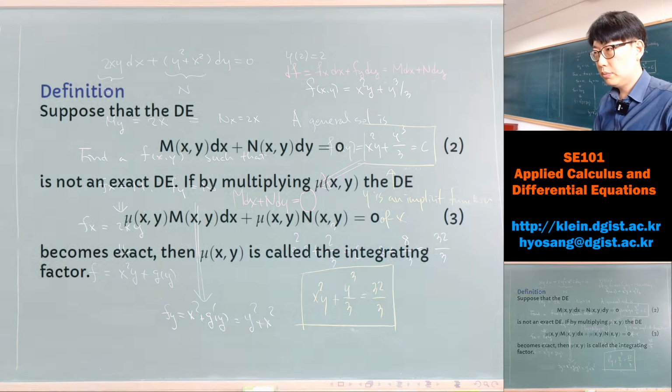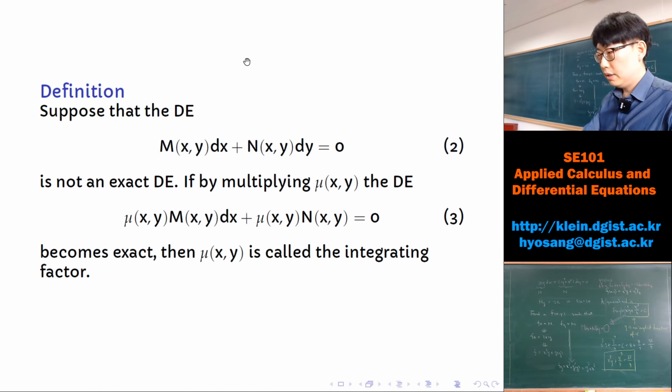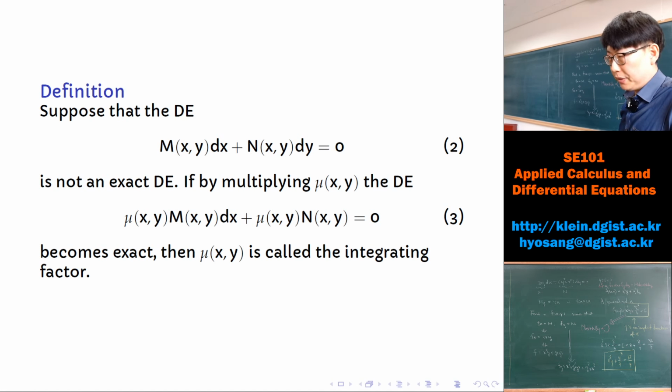Okay, so let's move on to the integrating factor here. Now, your given differential equation may not be exact. So what can we do if it's not an exact differential equation?